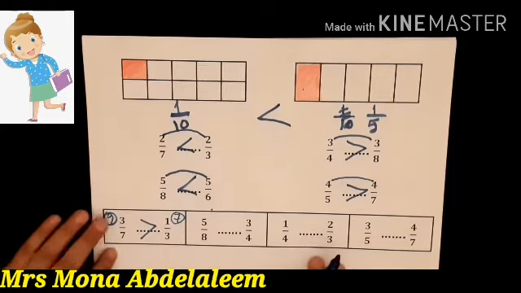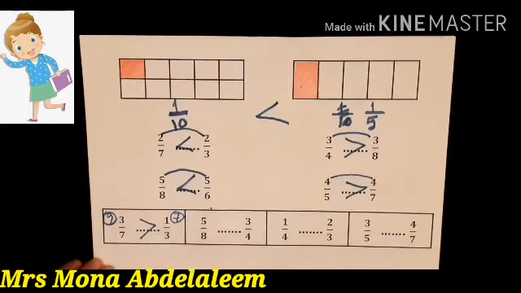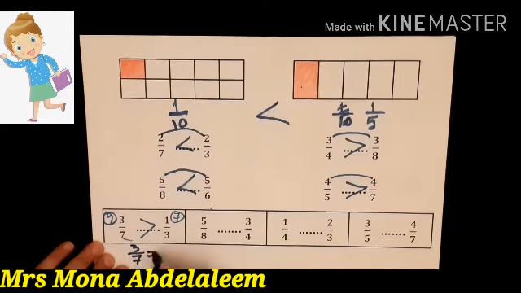Second method, make common denominator. 3 over 7 and 1 over 3. I find the common denominator. 7 multiply 3, 21. So the common denominator is 21. So 3 over 7 with denominator 21, and 1 over 3 with denominator 21. 7 becomes 21, multiply 3.